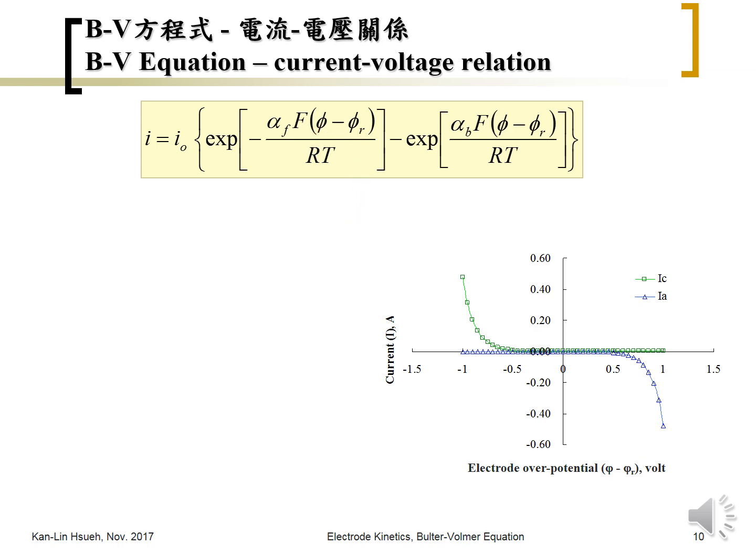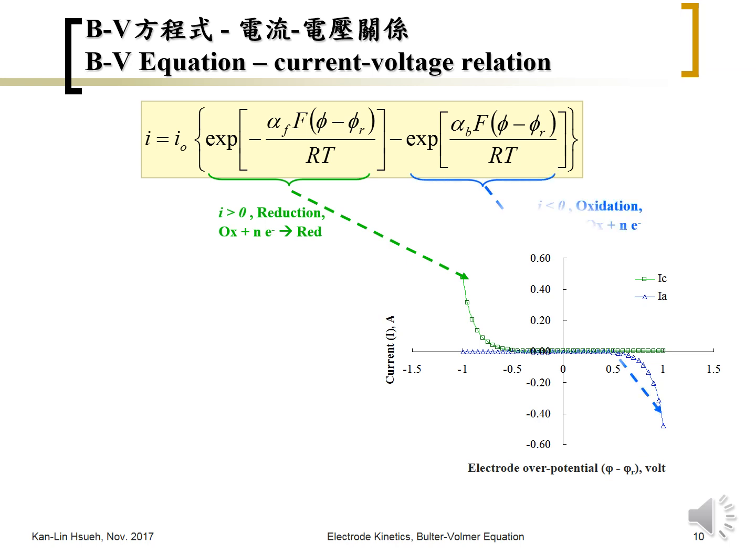So over here there are two terms, the forward reaction and the backward reaction. The forward reaction over here is a reduction. We use a green curve to express the forward reaction, and the backward reaction is blue over here.